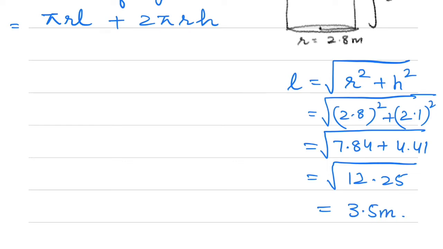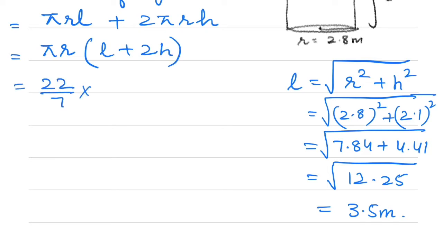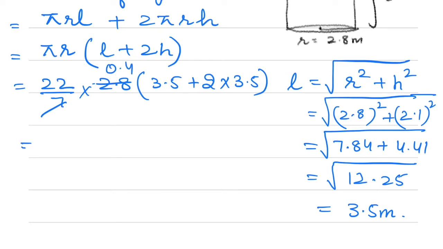Now let's substitute this here. So pi and r I can take common here. So I have L plus 2h left. Pi is 22 by 7 into radius is 2.8 for both, and L is 3.5 plus 2 into 3.5, height of the cylinder. So this is equal to 8.8 into 3.5 plus 7.